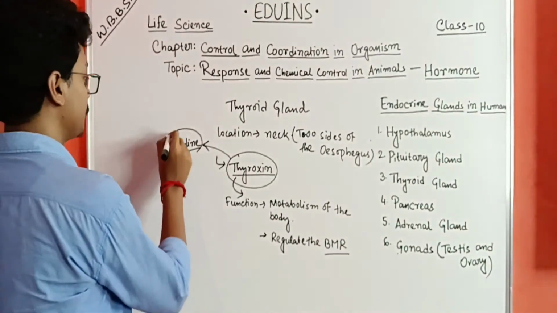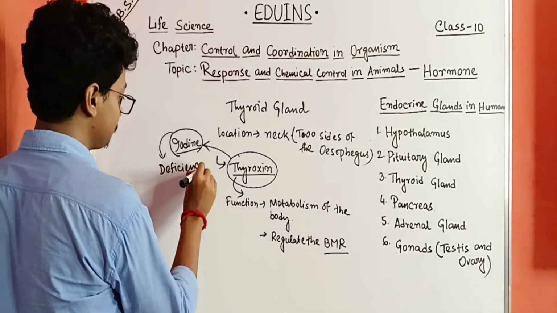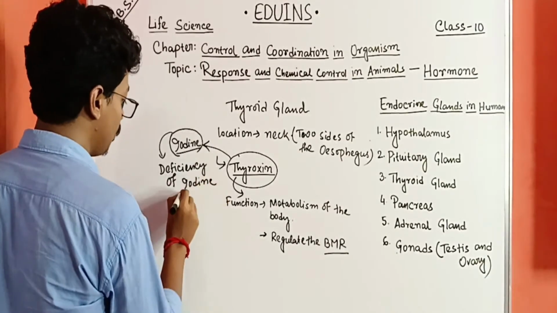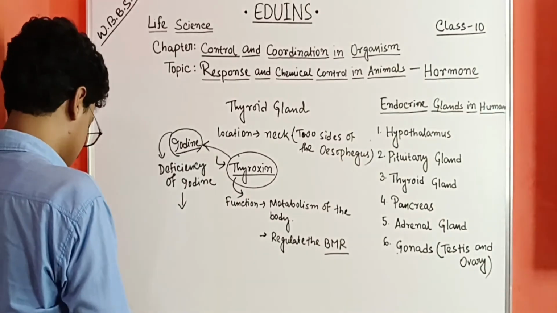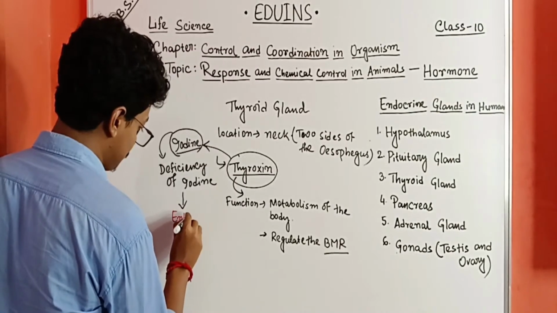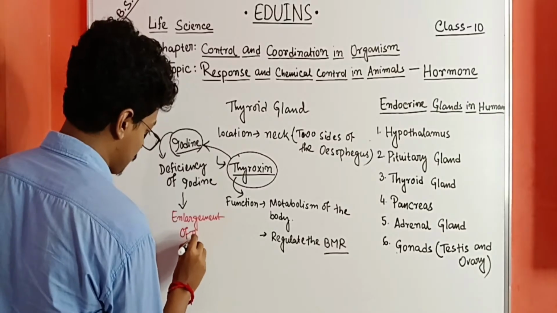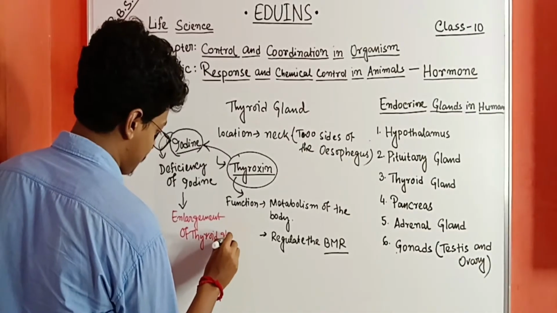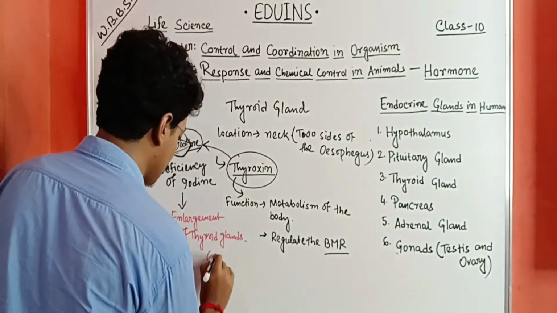The deficiency of iodine causes the enlargement of the thyroid gland, and this condition is known as goiter.